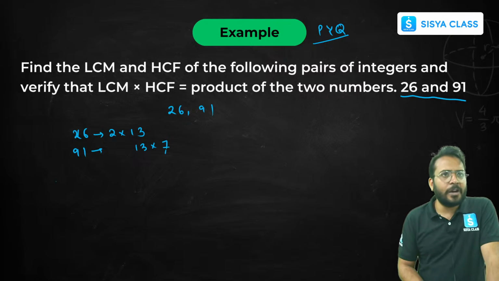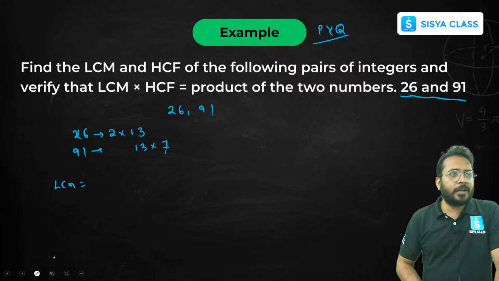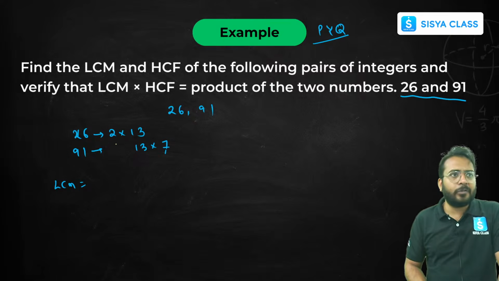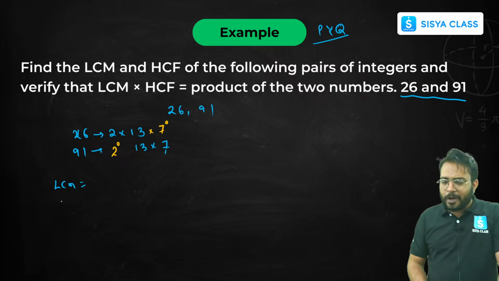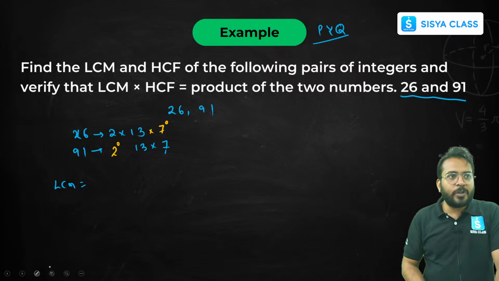If I need to find the LCM of these, I am going to write the greatest power of each prime factor. Here I don't have 2 in 91, so that means I have 2 to the power 0. Here I don't have 7 in 26, that means I have 7 to the power 0. Now can you find the LCM? Greatest power means I am going to have 2 to the power 1.